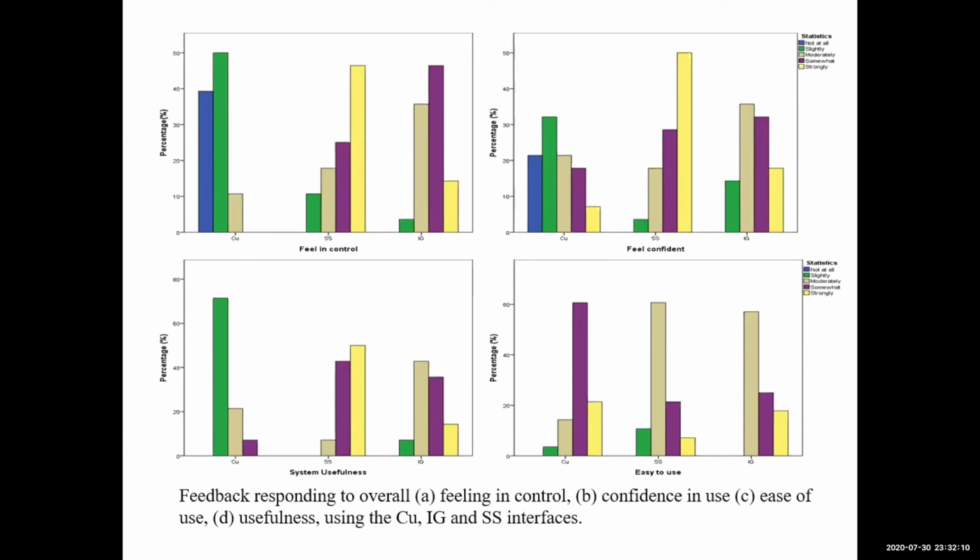And feeling confident is also higher with our system, followed by the IG system. For system usefulness, you see the high bar of strongly and somewhat agree is more than IGS, followed by CU. The only drawback in this system is that usability is lower.